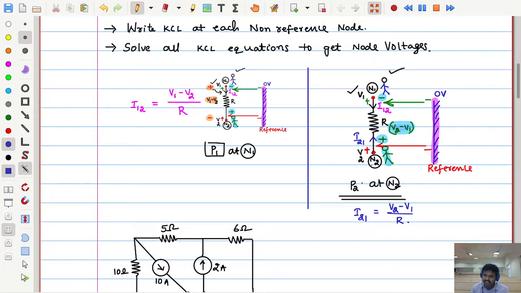That means wherever we sit, from there the current is going to leave, and from this we should understand that if I am sitting at node 2, I will consider the voltage across this branch as V2 minus V1. If I sit at node 1, I will consider the voltage across the resistor as V1 minus V2.